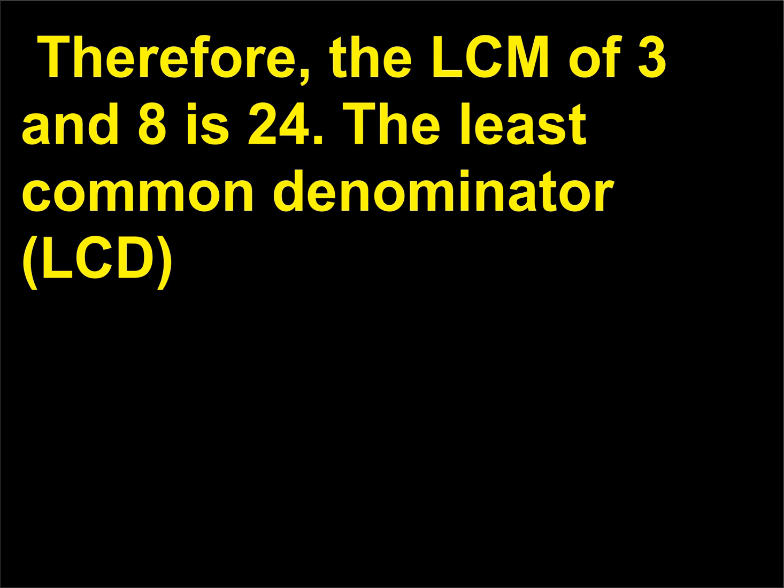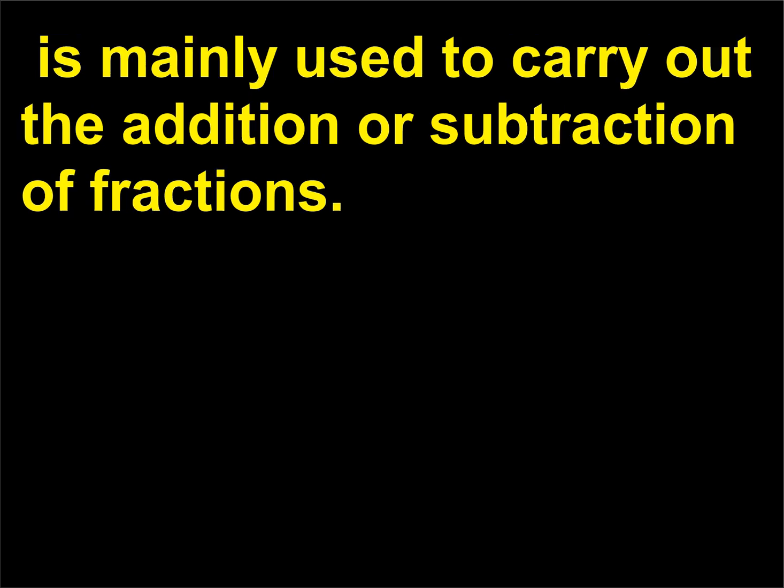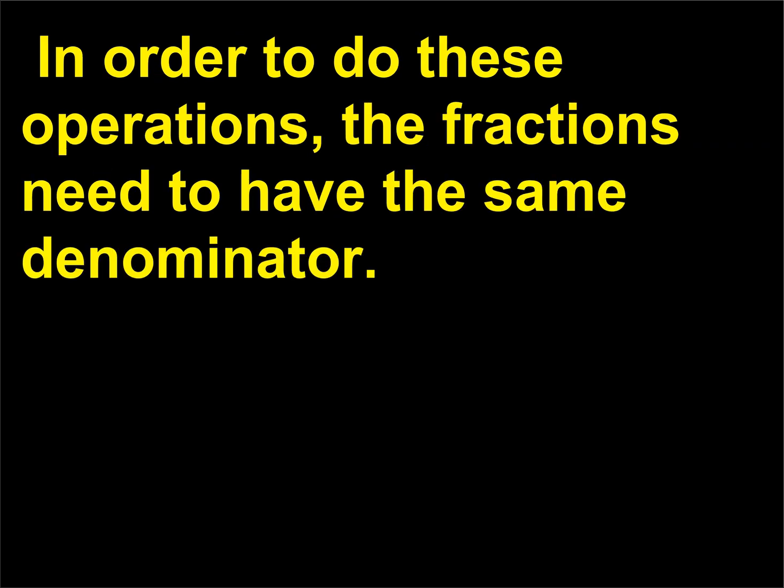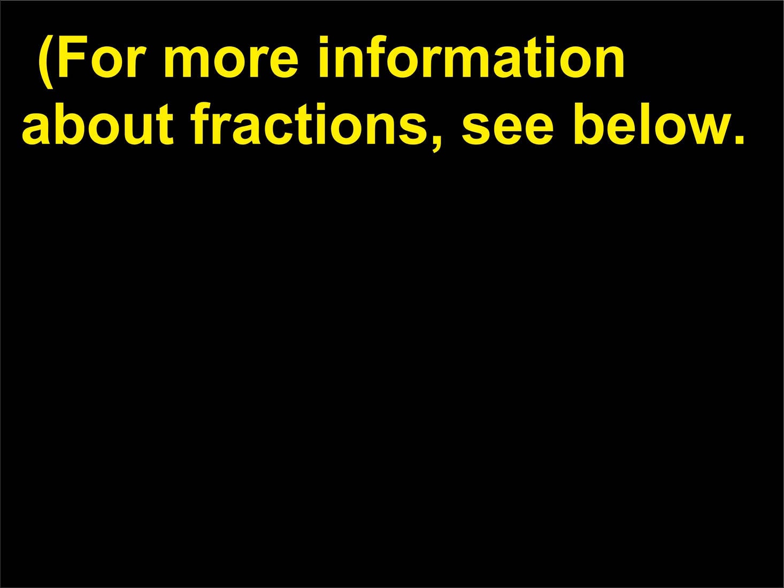The least common denominator, LCD, is mainly used to carry out the addition or subtraction of fractions. In order to do these operations, the fractions need to have the same denominator. For more information about fractions, see below.